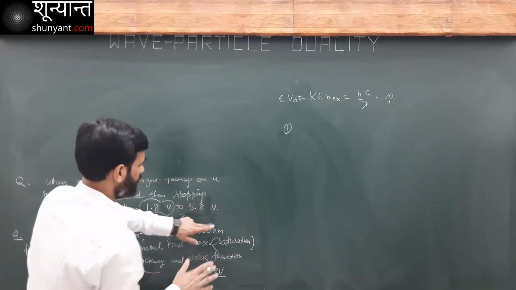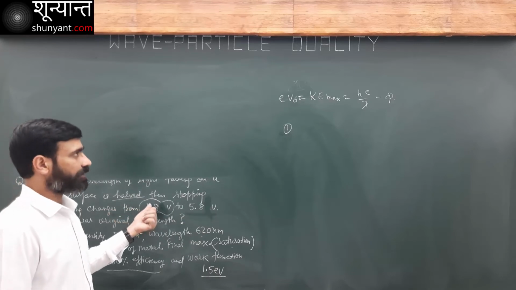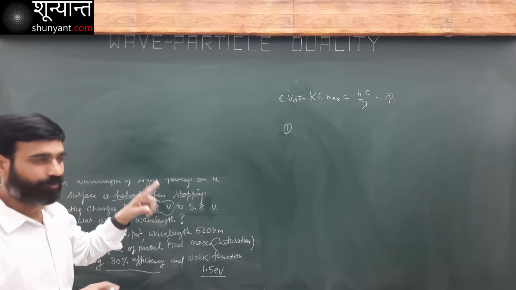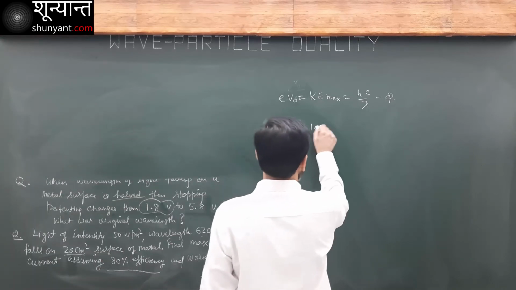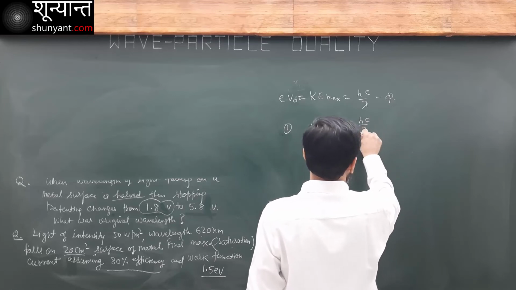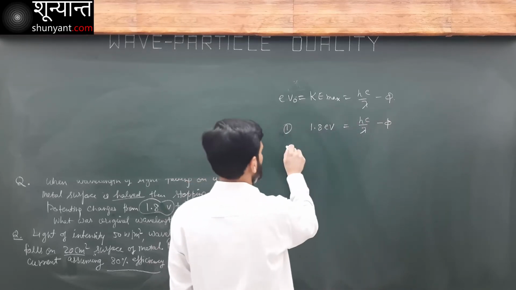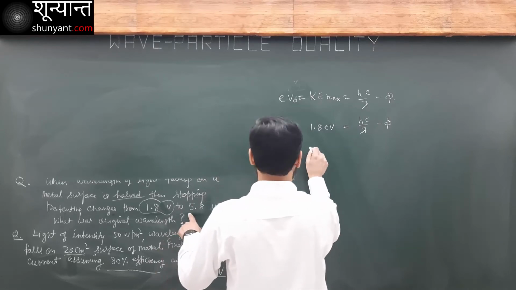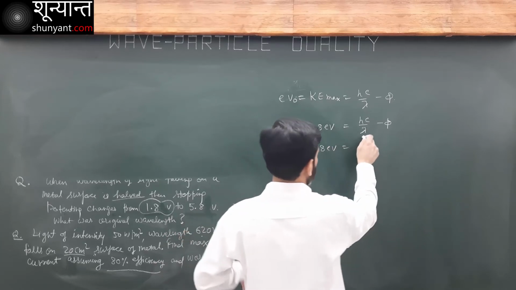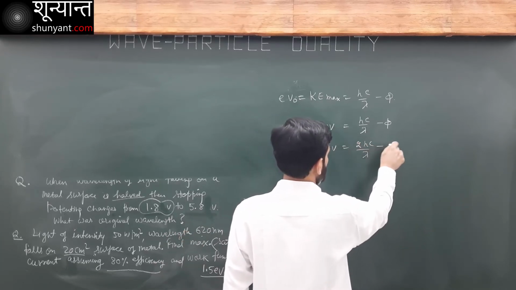It's my mistake. So this is the stopping potential. What will be the kinetic energy maximum? The same value in electron volt. So it's like this: 1.8 electron volt is equal to hc over lambda minus phi. Now second, it becomes 5.8 electron volt, and the wavelength becomes half, so 2 times hc over lambda minus phi.